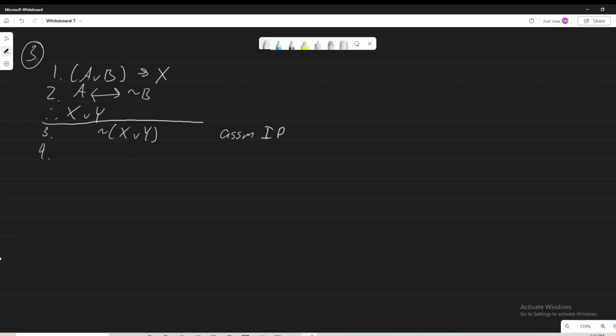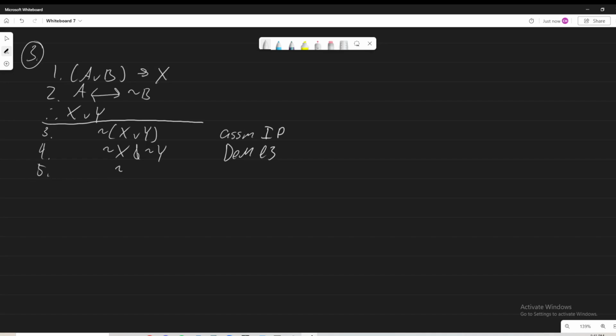Great. Now we can go on using our normal inference rules. In line 3, we have a negated disjunction. That screams to me, use De Morgan's law, right? Because whenever we can use De Morgan's law to get a positive conjunction, that means we're close to breaking down a complex proposition into its smaller parts, which is exactly what we want for indirect proof, especially. So that was De Morgan's on line 3.